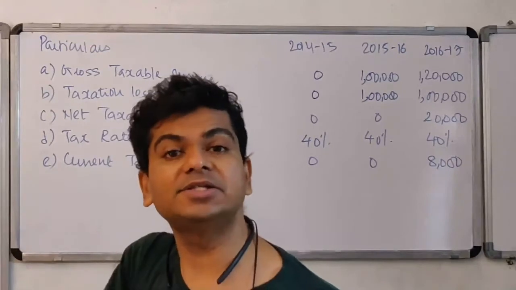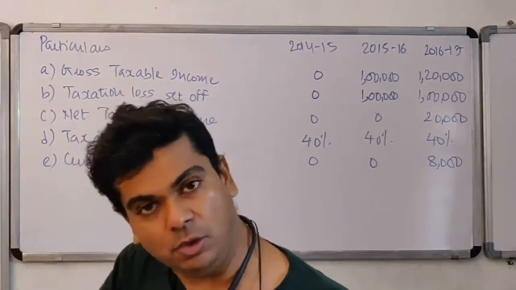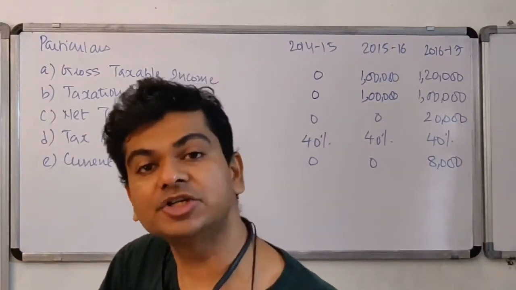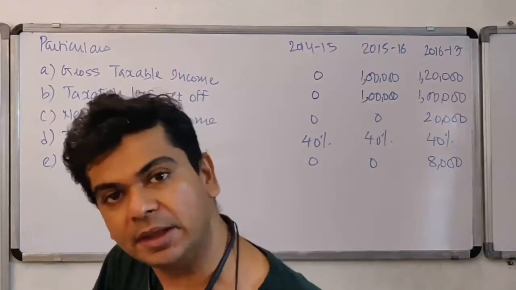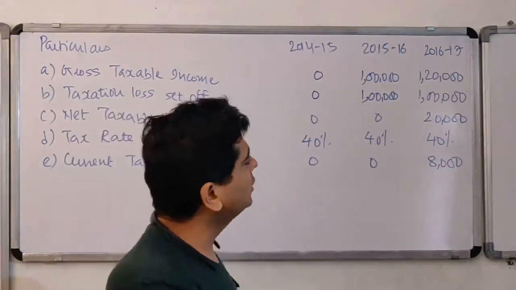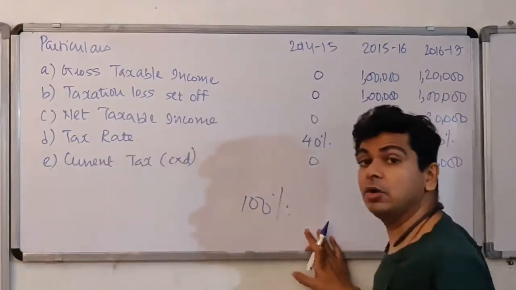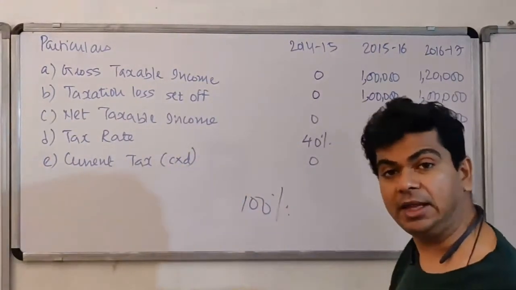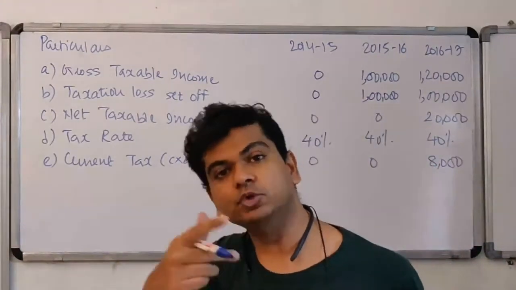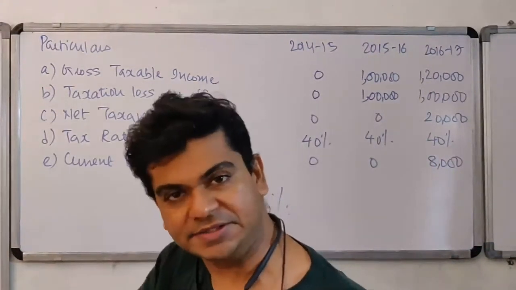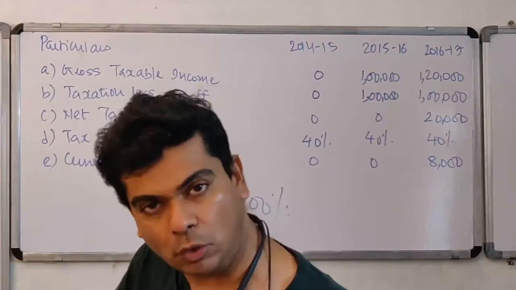You can recognize deferred tax asset provided you are virtually certain that there shall be sufficient taxable income in future. Virtually certain means you should be 100% sure. If you are not 100% confident that there shall be taxable income in future, you cannot recognize a DTA on taxation loss.